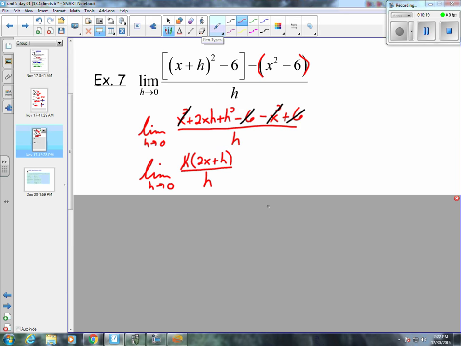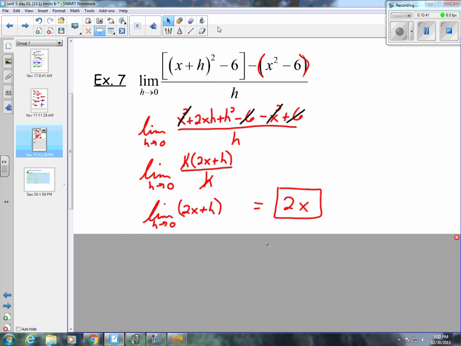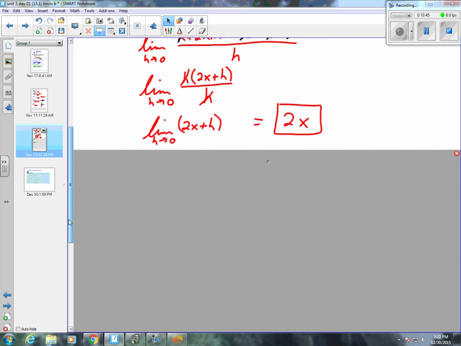The h's will cancel. And so now we have the limit as h approaches 0 of 2x plus h. Now we can plug in 0 for h directly, and we're going to get a final answer of 2x. So the limit of that expression boils down to just equaling 2x.